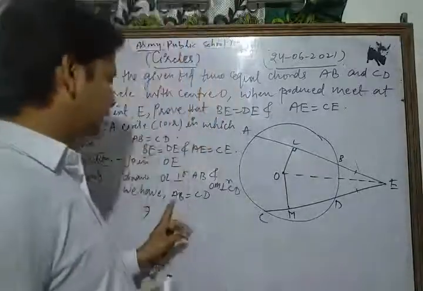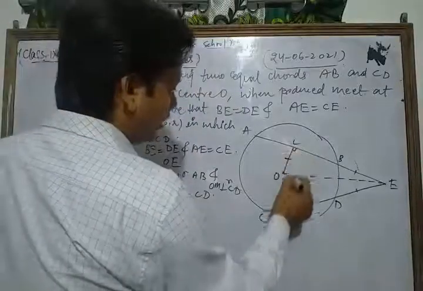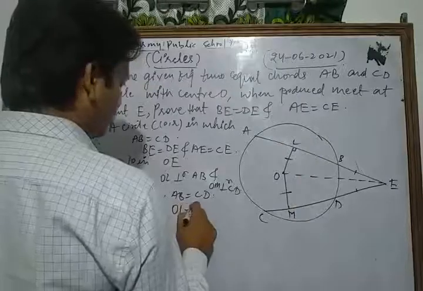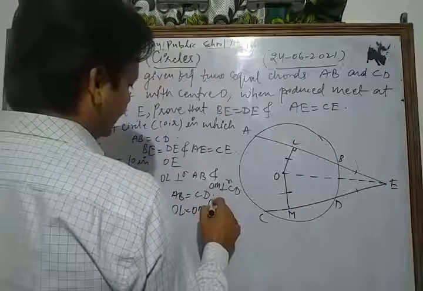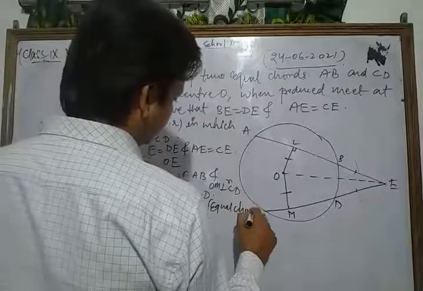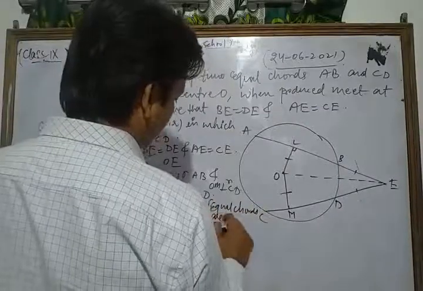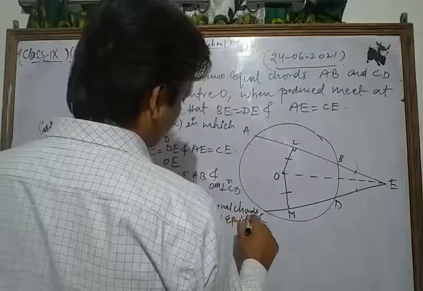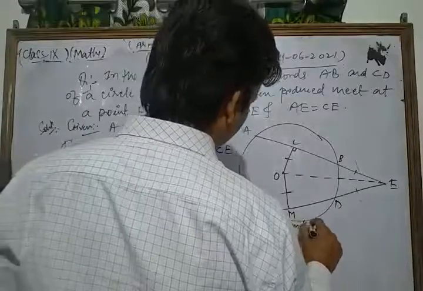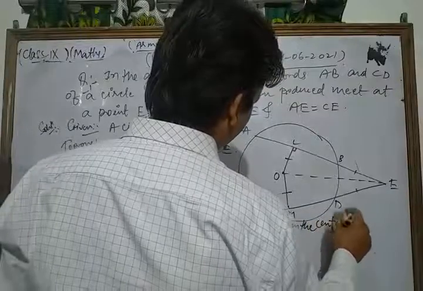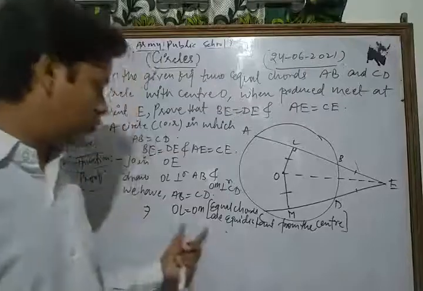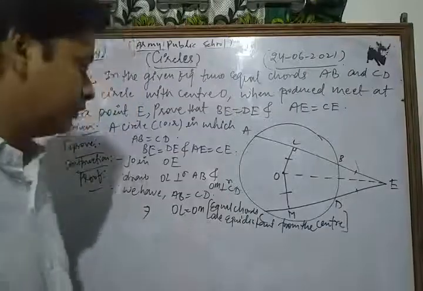So here these are equal chords, so they are also equidistant from the center, which means OL is equal to OM. Here you mention that equal chords are equidistant from the center of the circle.